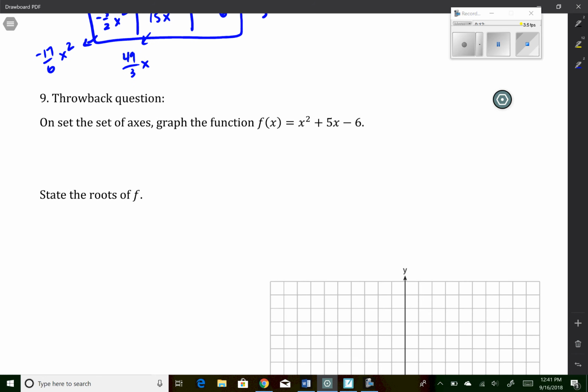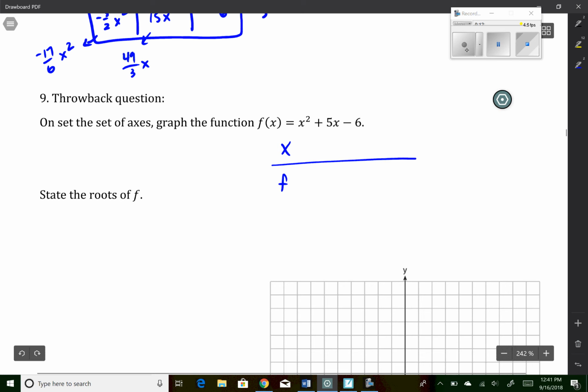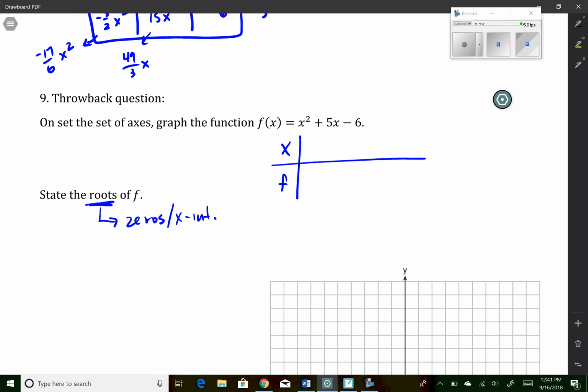Same set of axes, graph this function. So if I want to graph this function, I need to know some roots. Roots are just a fancy way of saying the zeros or the x-intercepts, right? Where is this graph crossing the x-axis? So if I type this in my calculator under y equals and hit graph, or hit second graph, you'll see a table of values.